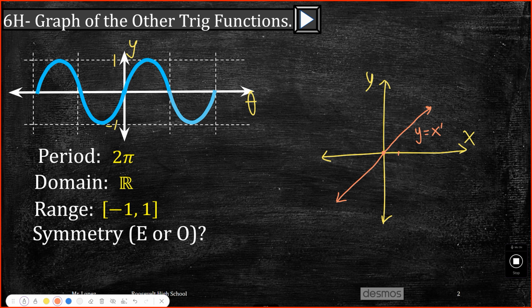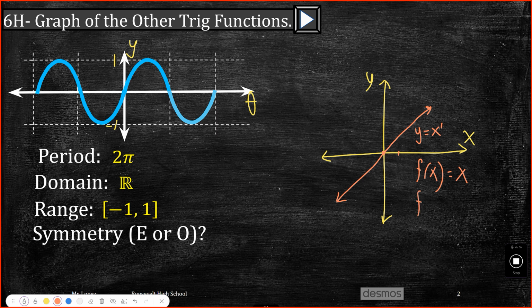Okay? So now, if I do this transformation to it, let's go y equals x. Let's call it a function: f of x is equal to x. Same thing, y equal to x is f of x equal to x. If I replace the x with negative x, I'm going to get a new function.